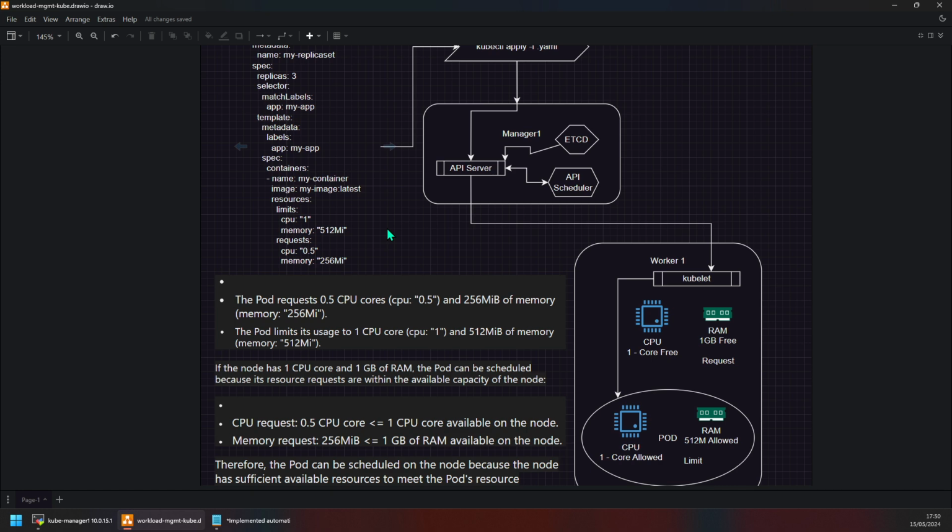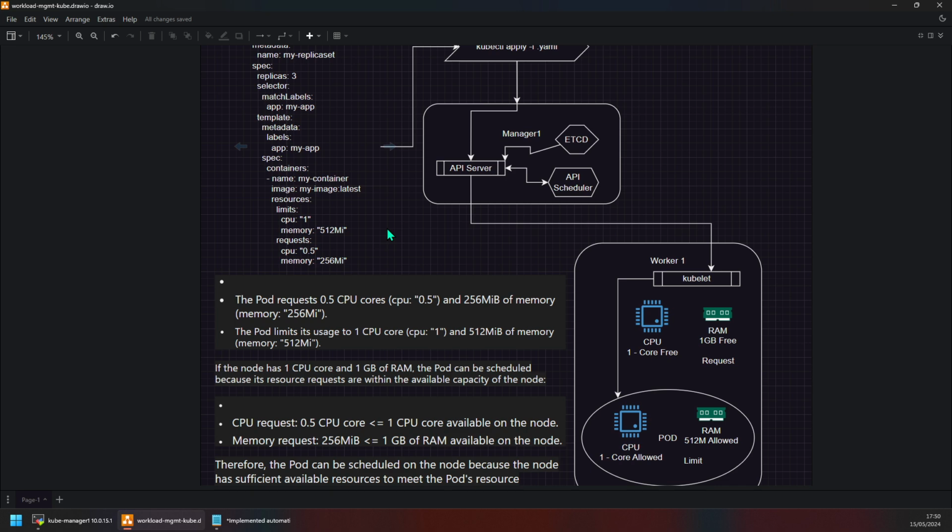So the question is: as we have 1 core of free CPU and 1 GB of RAM, and I'm assigning a limit on my pod of 1 core CPU and 512 MB of RAM, will this be assigned immediately? Like, will the RAM and the CPU be consumed immediately?